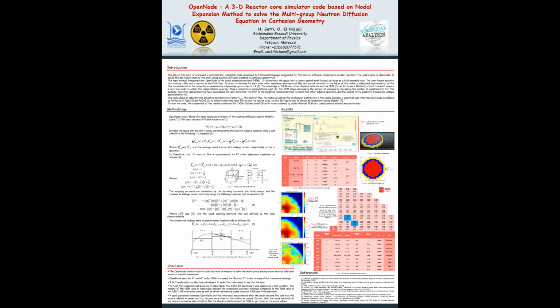So we have used 3 different node sizes: the coarse mesh 20 centimeters, the thin mesh 10, and the very thin mesh 5 times 5, as well as 2 different polynomial orders, the second and the fourth order.